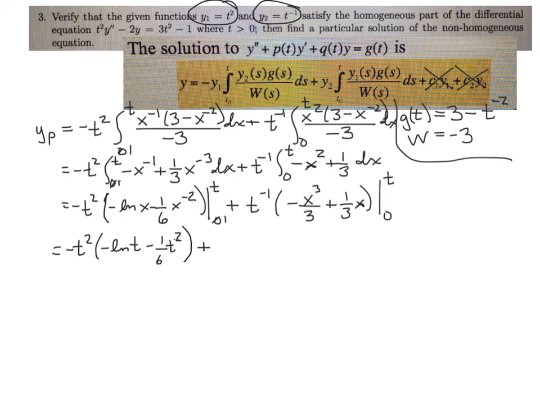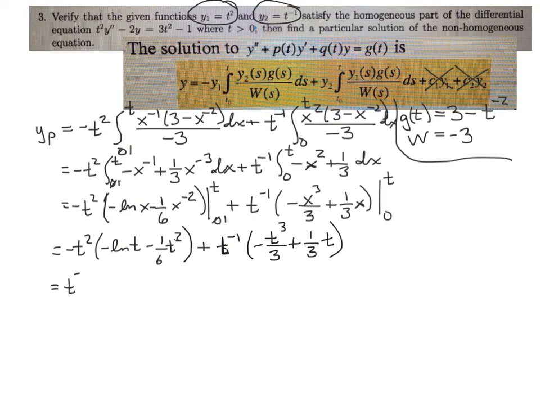Plus, I'm going to plug in t, and again I'm not going to plug in 0. So I'm going to have a negative t cubed over 3 plus 1/3 t. Let me multiply some stuff through.